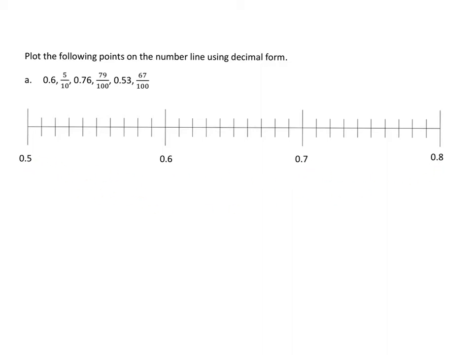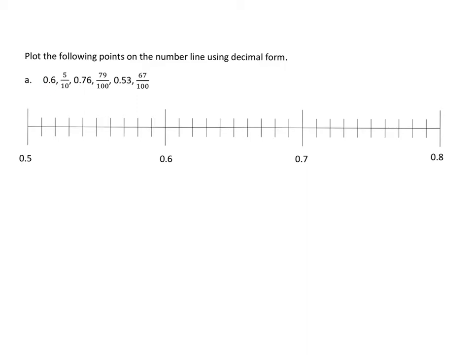So it's broken up into tenths, but remember that in between each one of these tenths, there's another tenths, which represents the hundredths. So we're going to be placing some of these decimals and fractions in the hundredths place on this number line. So let's start with 0.6, 6 tenths.